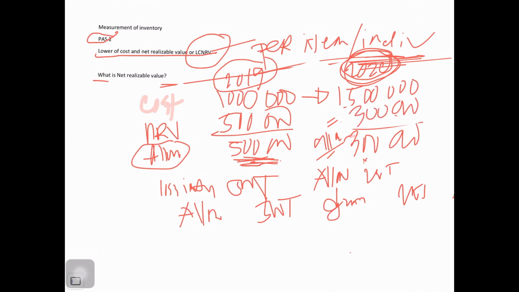So 1,500,000 minus 300,000 gives you 1,200,000. So in effect, your allowance increases, because it was only 500,000. So your allowance increases to 700,000.